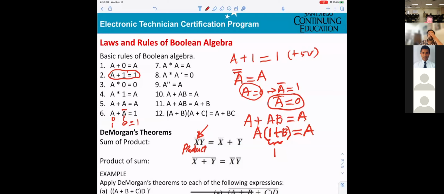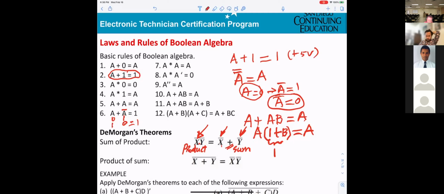When you break this bar here, X will be not X, Y will be not Y, and the AND now becomes OR. So not X or not Y, now it is the sum. That means you're converting from the product into the sum.